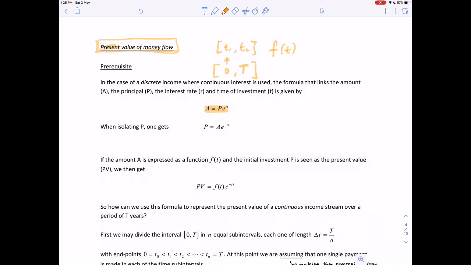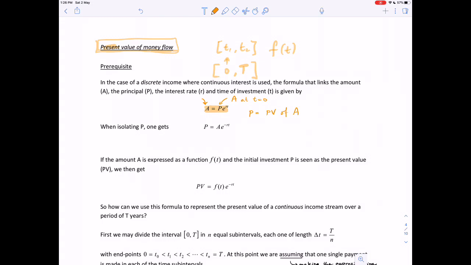And if we use continuous compounding, which we have seen a couple times now, A equals P e to the rt. A is the amount. P is the principal, which is the amount at time equals 0. So another way of saying this is that P is the present value of the amount.